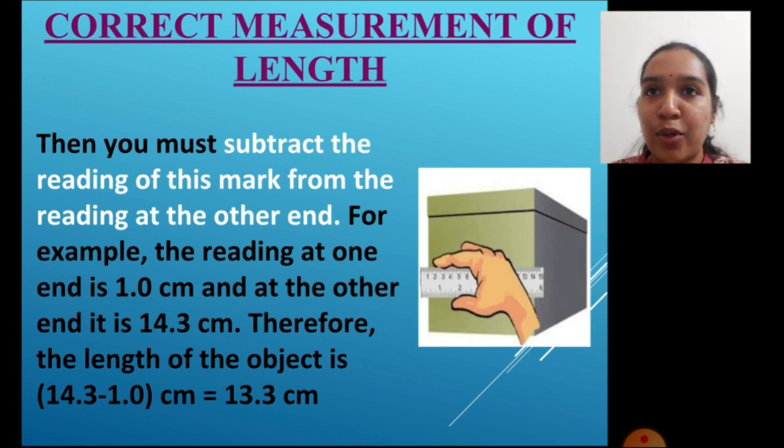Here, as we have used a 15 centimeter scale, the length measured from 1 centimeter ended at marking 14.3 centimeter. Now you will subtract this 1 centimeter from 14.3 centimeters so that you get the correct result, that is 13.3 centimeters.